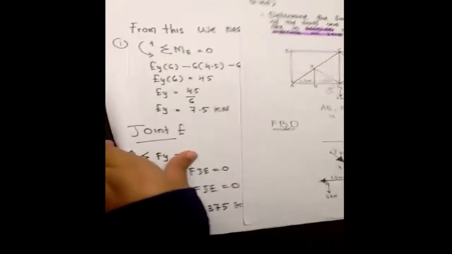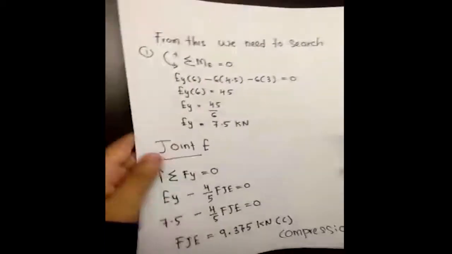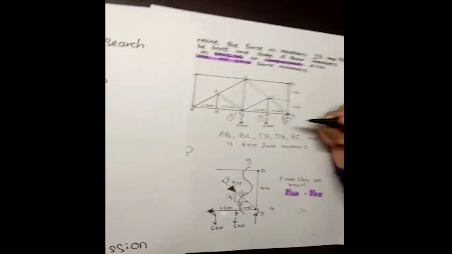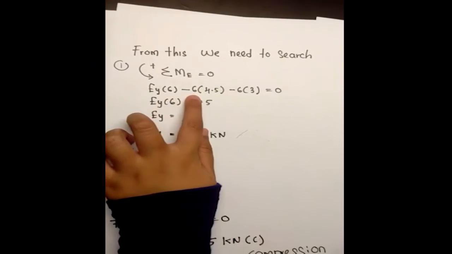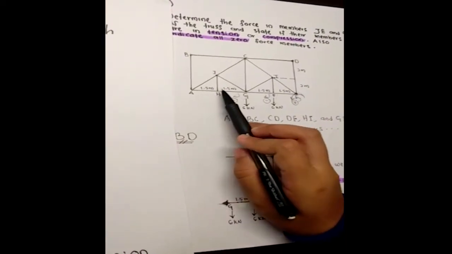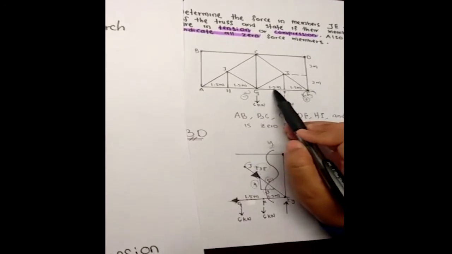To solve for the moment, we know that the moment is anticlockwise, so it is positive. So EY times 6, minus 6 at point F because the arrow goes clockwise and the load is 6 kilonewton, times 4.5. The 4.5 comes from 1.5 plus 1.5 plus 1.5.